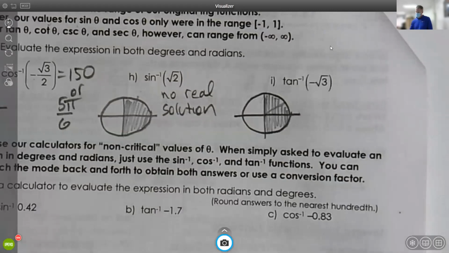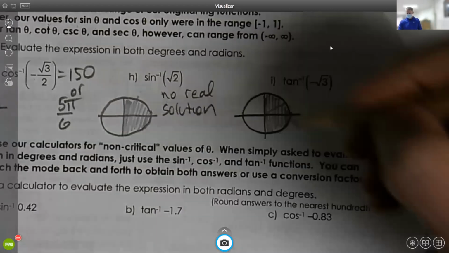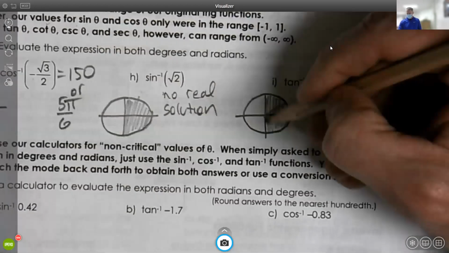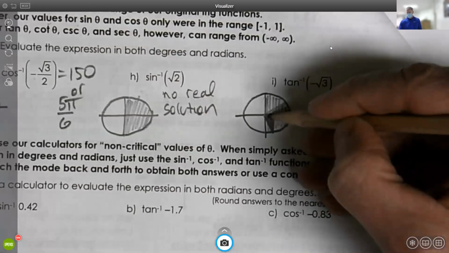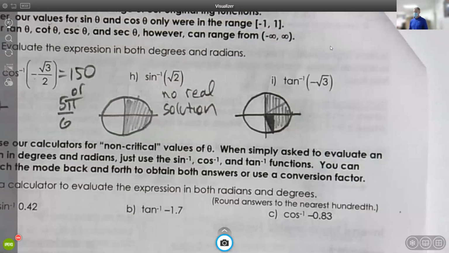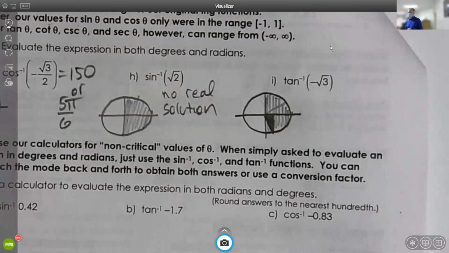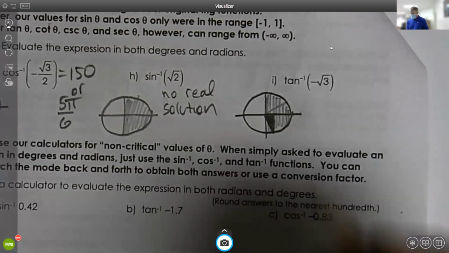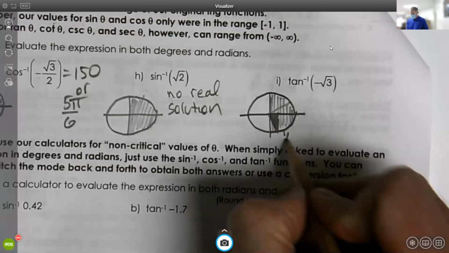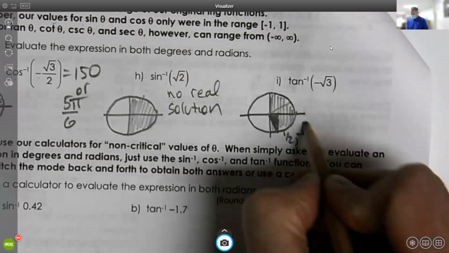So now that's going to help me think about this. I'm going to try the fourth quadrant this time because that's where tangent is negative. It's negative down there, so I'm not going to look at the top one. My coordinates are half and negative root 3 over 2.